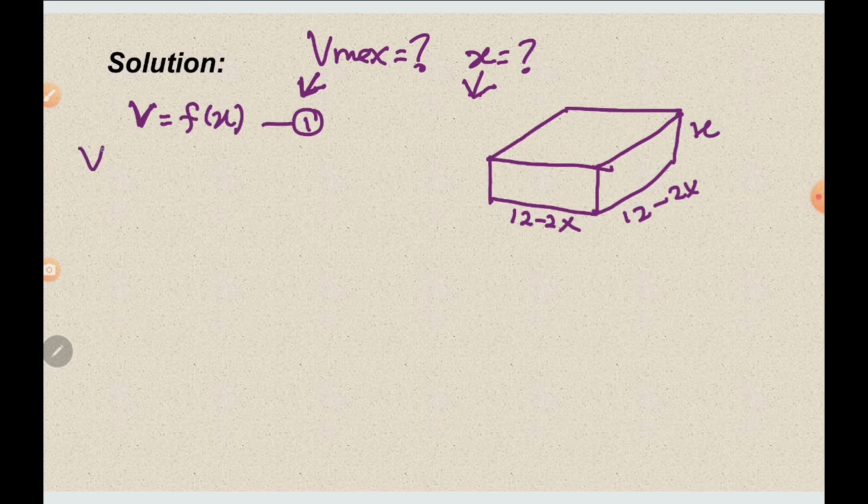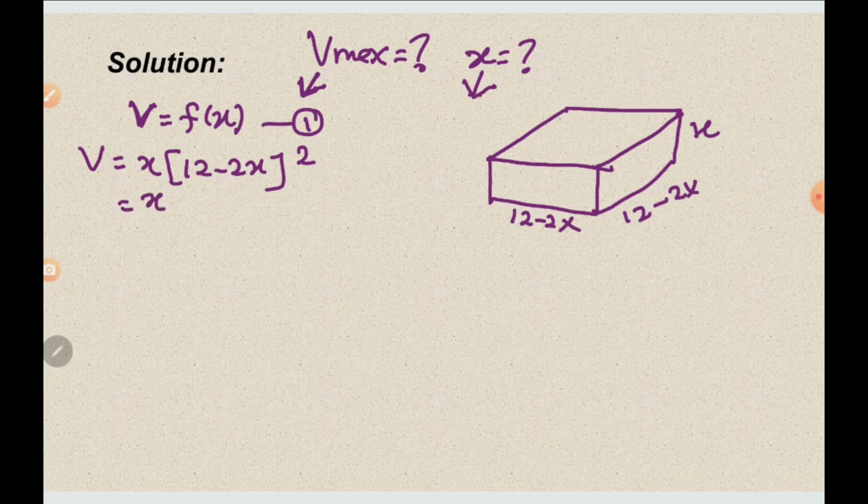So the volume for the box is x multiplied by (12 minus 2x) squared. This is the formula for the volume of the box.